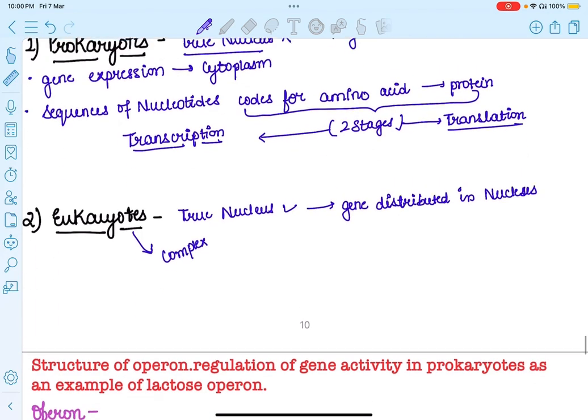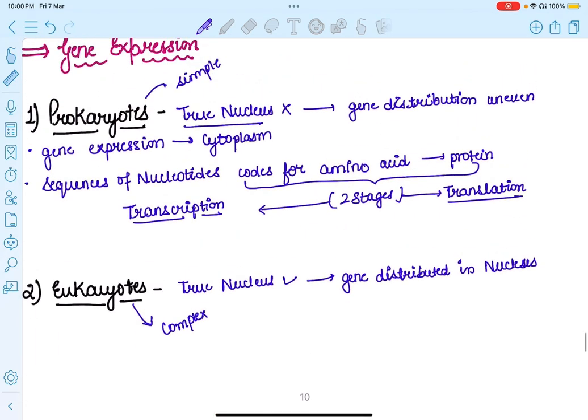Now let's move on to the eukaryotes. In the eukaryotes, since the process is very complex, the gene is divided into two sequences, coding sequences and non-coding sequences, due to which this gene expression would occur in three stages.